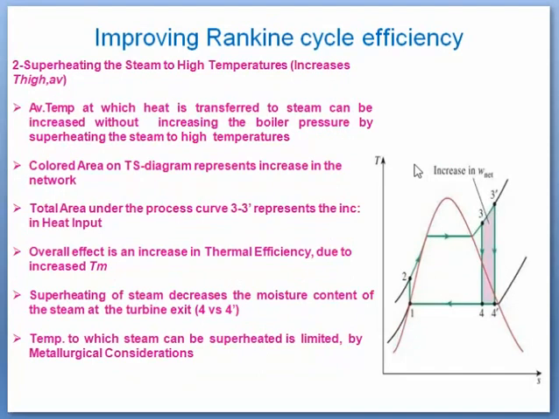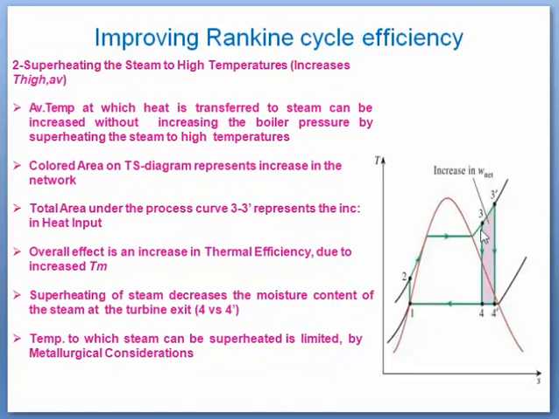The second modification in the Rankine cycle is superheating the steam to high temperature without changing the boiler pressure and condenser pressure. This also increases the overall cycle efficiency of a Rankine cycle.